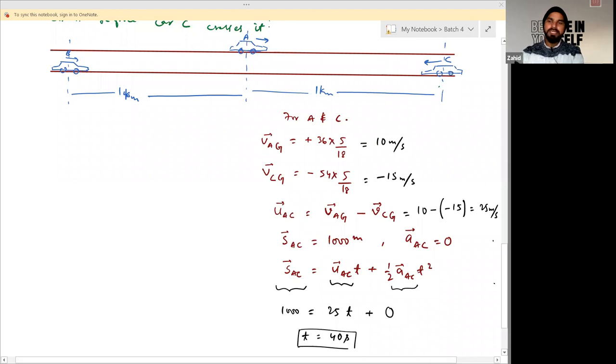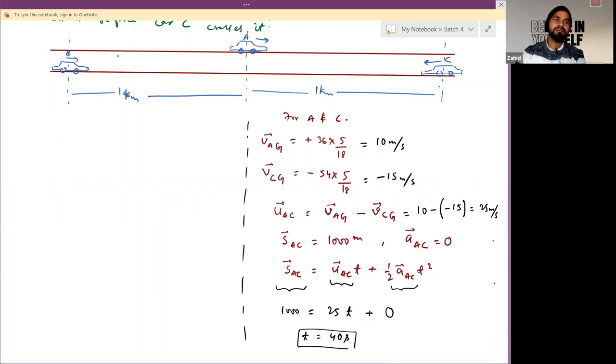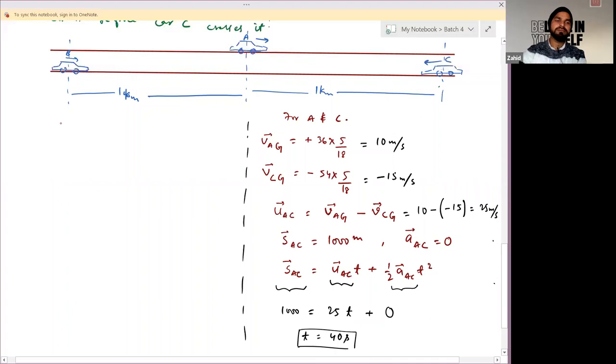Now, for the next part, let's say for A and B. Velocity of car A with respect to ground, since it is along positive x-axis, will be 36 into 5 by 18 in positive direction.